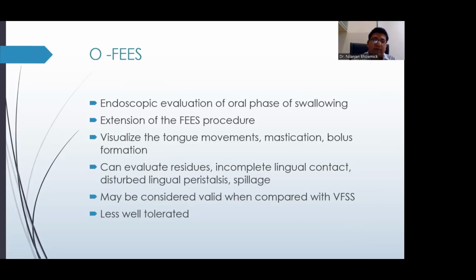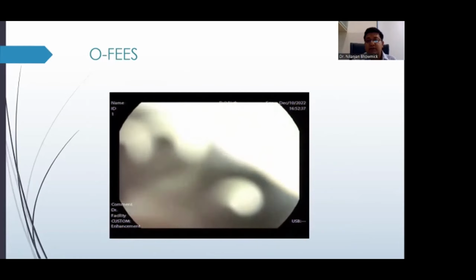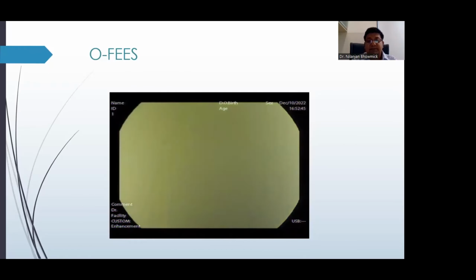So this is an OFEES that we have done just to show what the procedure is like, wherein we go past and alongside the uvula, and we invert the scope so as to get a retroverted view of the oral cavity. So that's feeds coming into the oral cavity, and then this is post feeds where you can see the oral cavity.